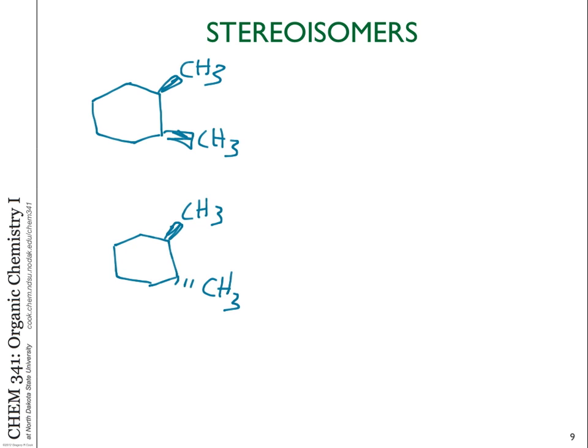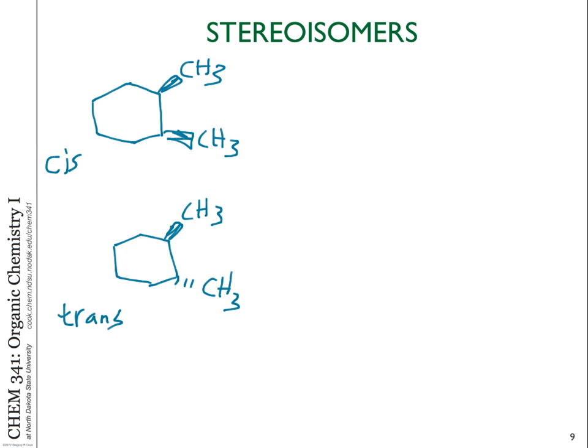Okay. What are the relationships here for these molecules? The cis 1,2-dimethyl and the trans 1,2-dimethyl.